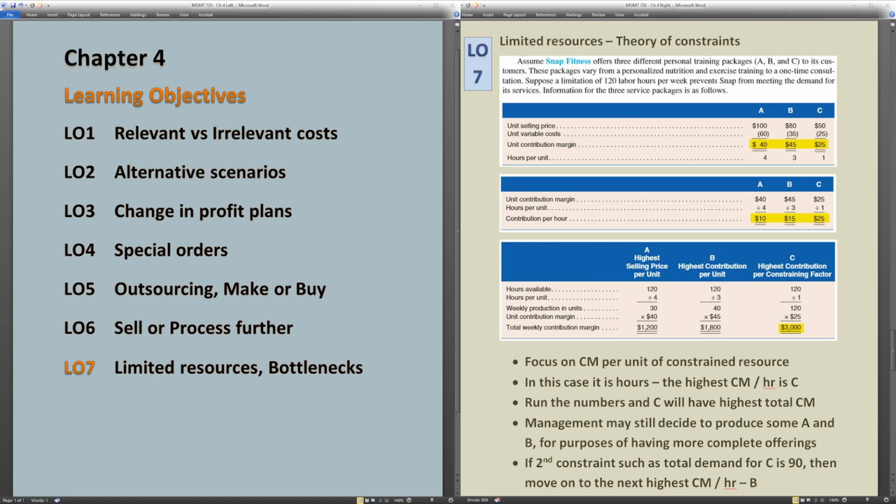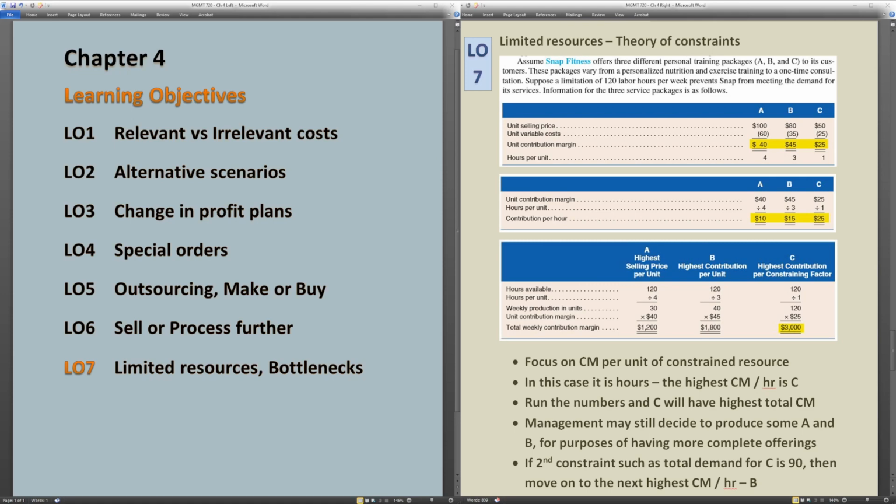When we look at just the individual unit, I'm looking at the top chart, the unit price, the unit cost, and the unit contribution margin, it looks like B is the one that has the largest potential profit. But we're going to add in a constraint. The three different products take different amounts of time to do.